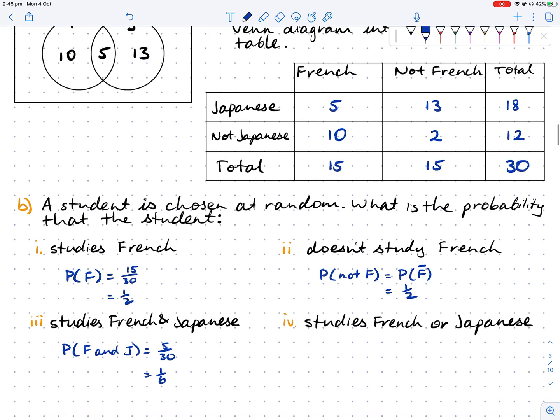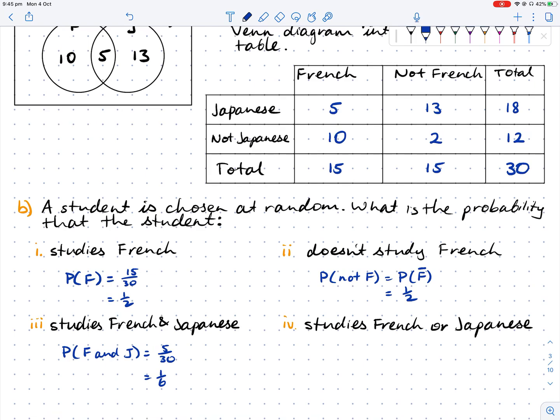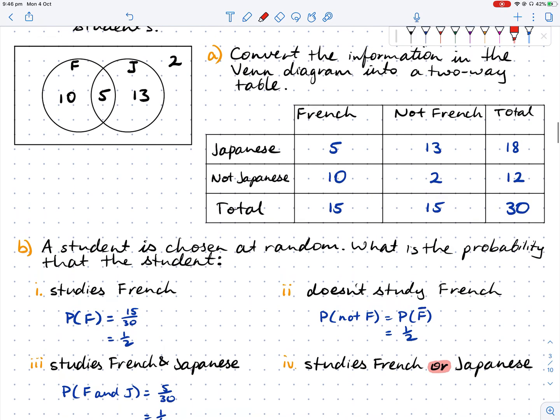And the last one, studies French or Japanese. Now that's a really important word. When we're talking about or, it means that they study French, or they study Japanese, or they can also study both. So we need to work out how many people altogether. For this sort of question, it's a lot easier to use the Venn diagram.